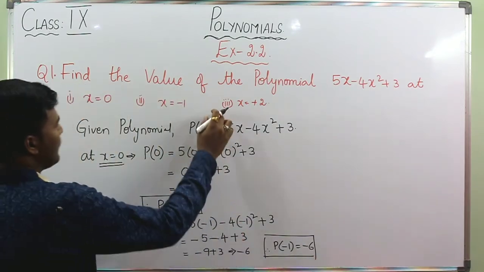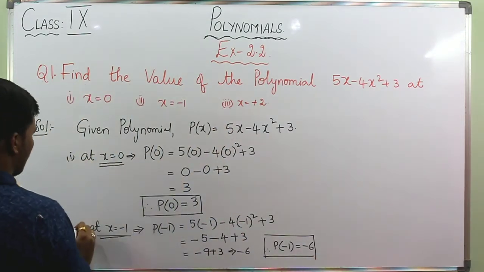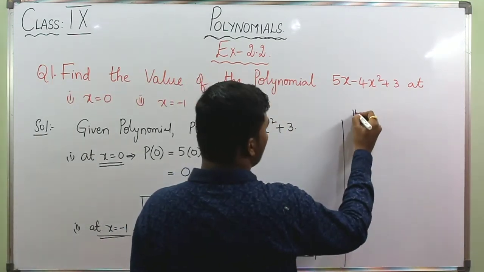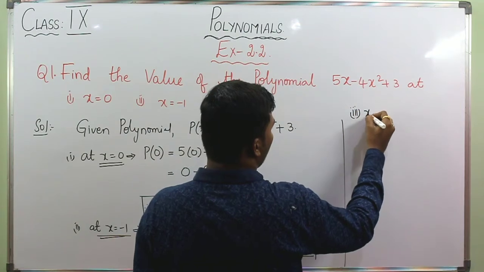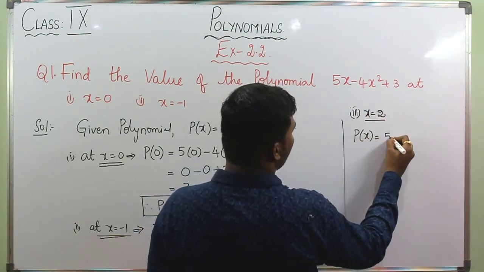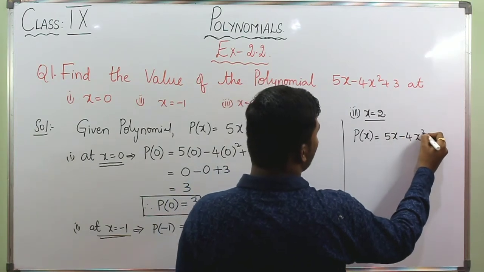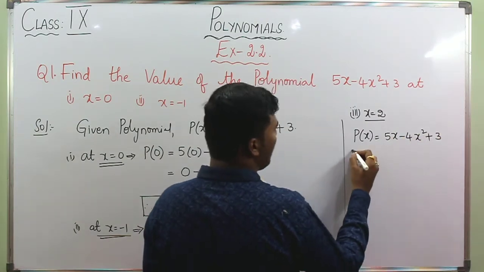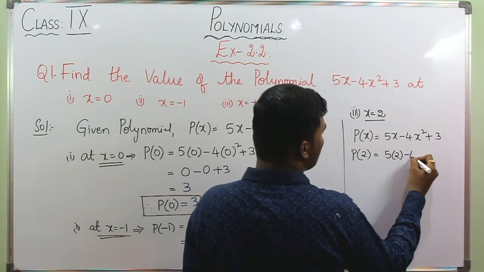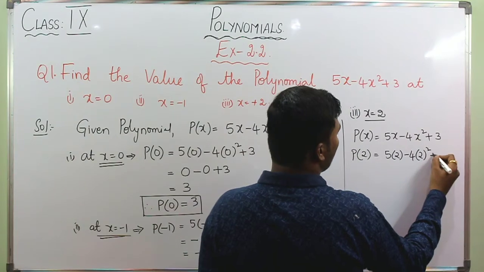Now the third bit. This is the first one, this is the second one. The third bit is p of x at x is equal to 2. Again consider p of x is equal to 5x minus 4x square plus 3. Replace the value of x with 2: 5 into 2 minus 4 into 2 square plus 3.